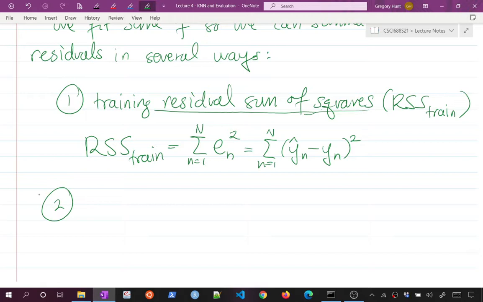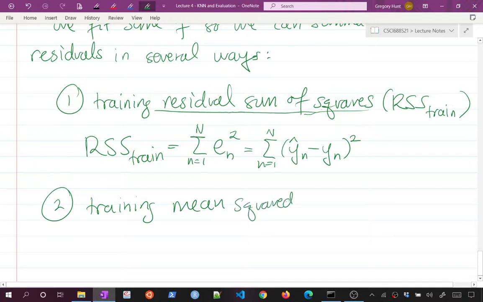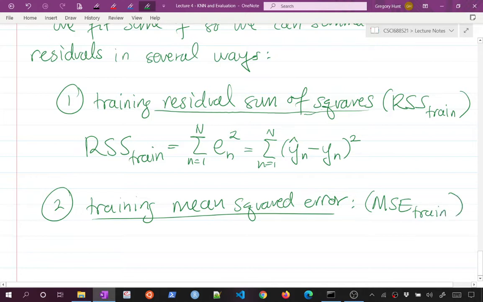Many of the other metrics that are out there that you might have seen are basically some one-to-one function of this. So another metric out there is called the training mean squared error, typically denoted as MSE train.